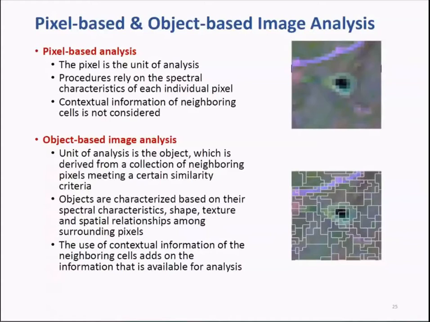For example, you don't just look at a pixel. You do not expect to have a high-rise building in water. So if you get an object that looks like a building inside water, you will question the context. Is this really true? So the object gives us that advantage.